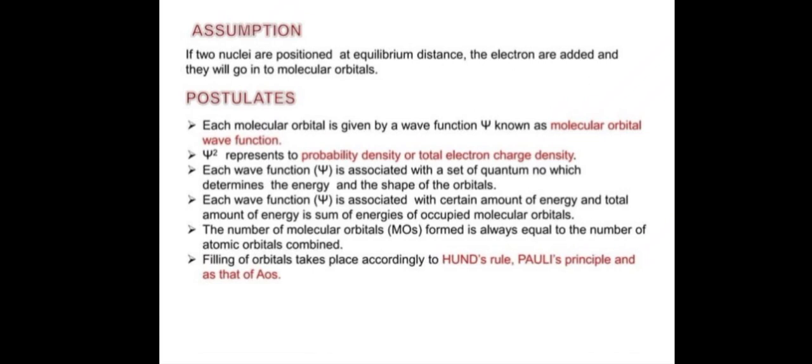The electrons are revolving around many nuclei, that means 2 or more nuclei. That's why it is called polycentric.